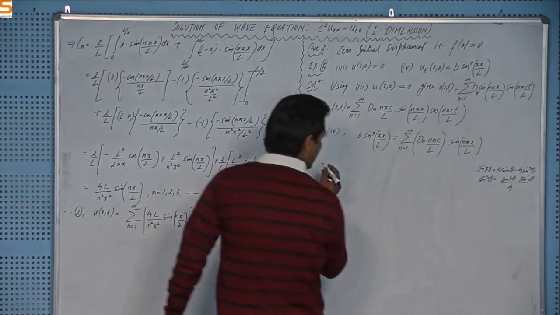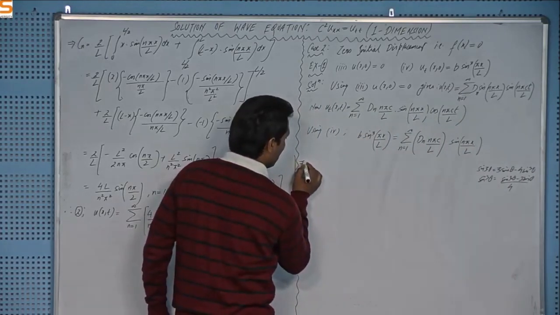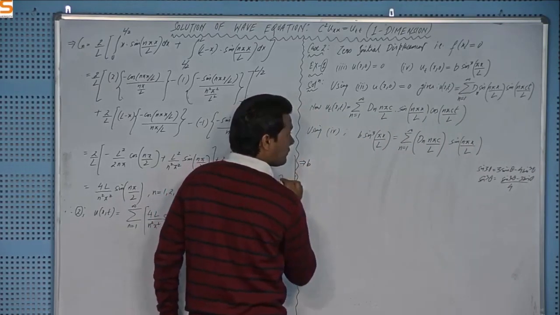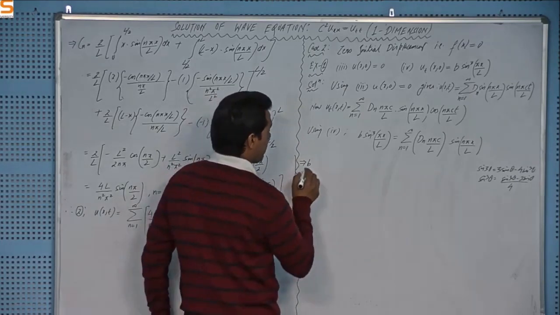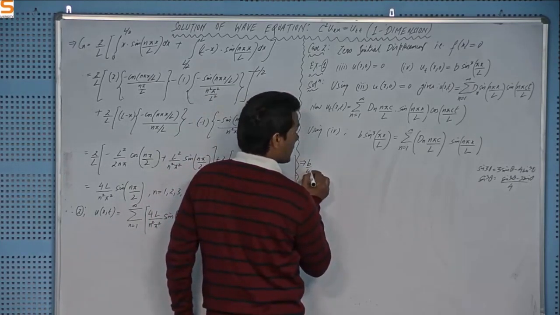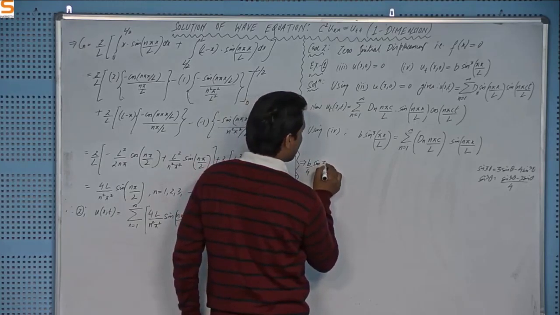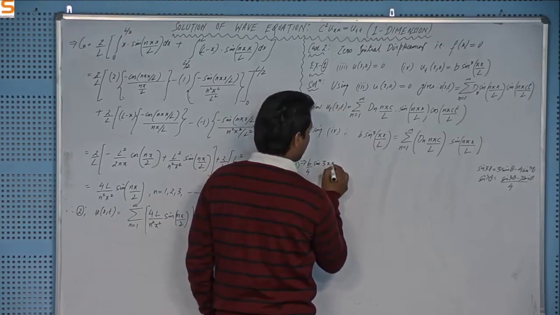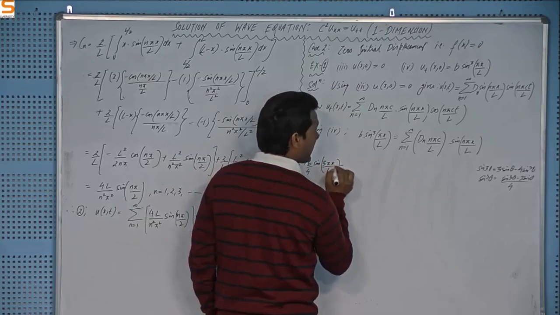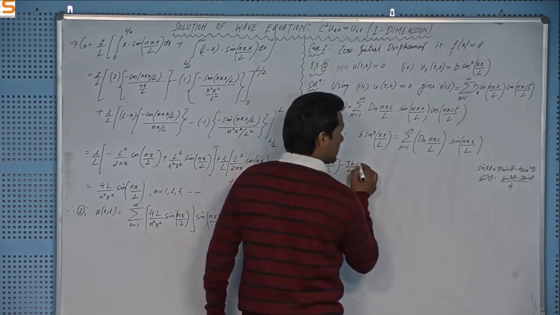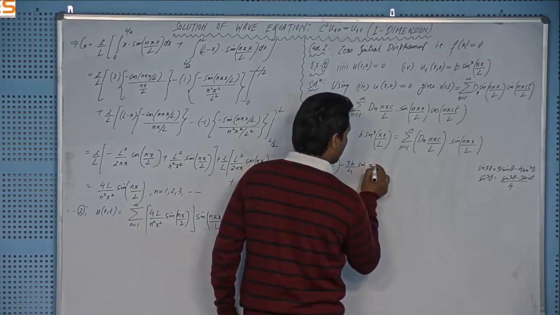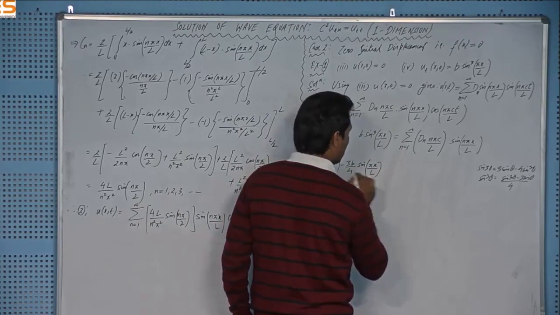Fine. So this becomes b/4 sin 3 times theta, this is my theta, 3πx/L, and then minus 3b/4 sin(πx/L), right?